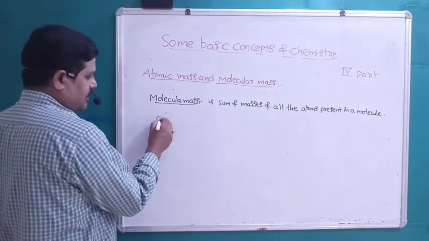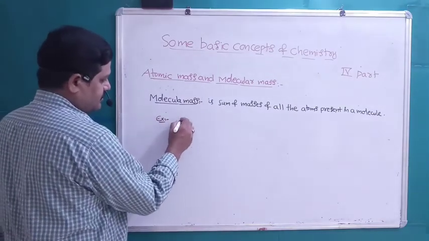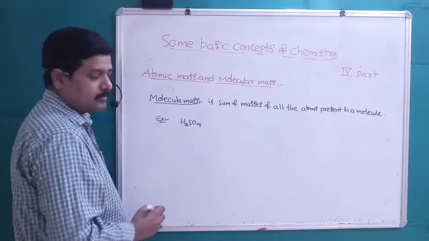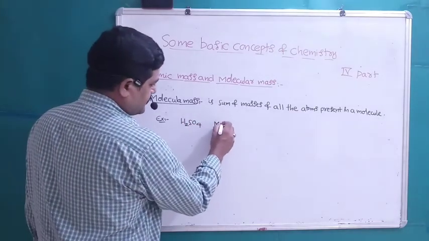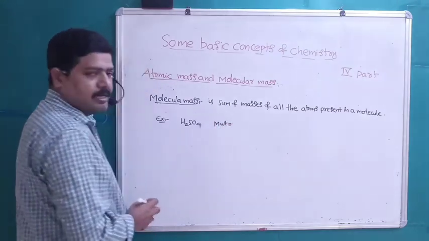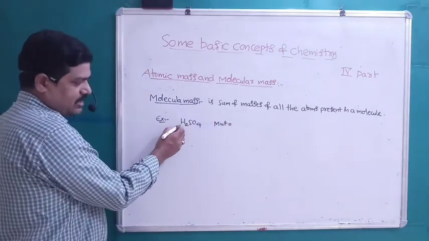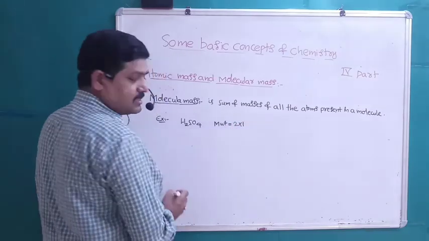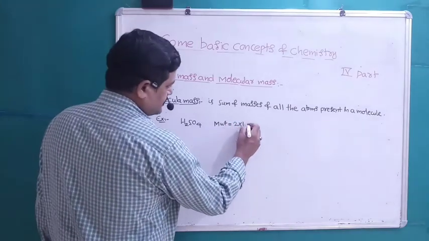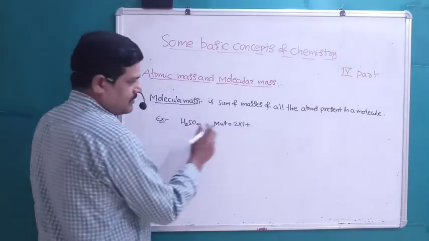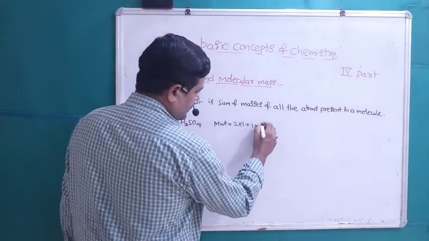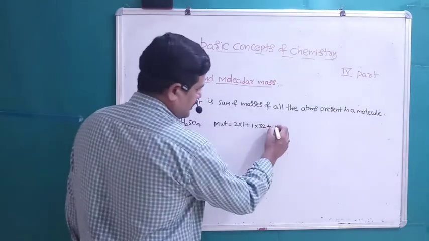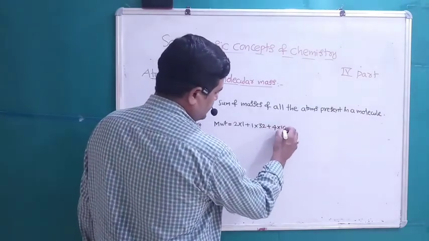Students, for example, if you take H2SO4, sulfuric acid, the molecular weight of sulfuric acid is: it has 2 hydrogen atoms, 2 into 1, the hydrogen atom weight is 1, plus sulfur, only 1 sulfur atom, 1 into the atomic weight of sulfur is 32, plus 4 oxygen atoms, 4 into 16.